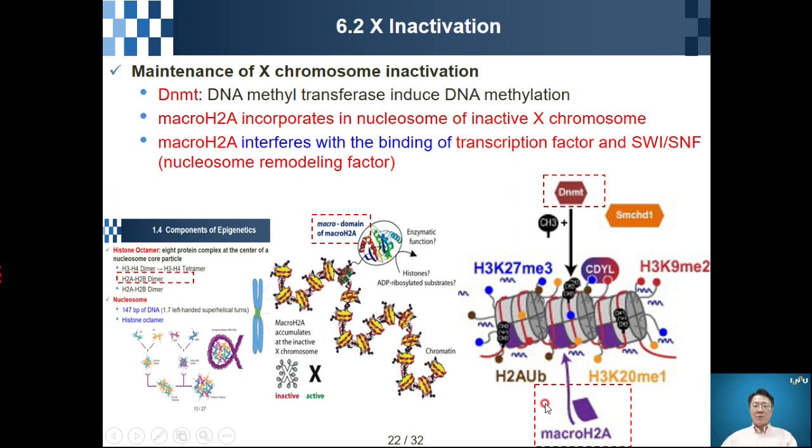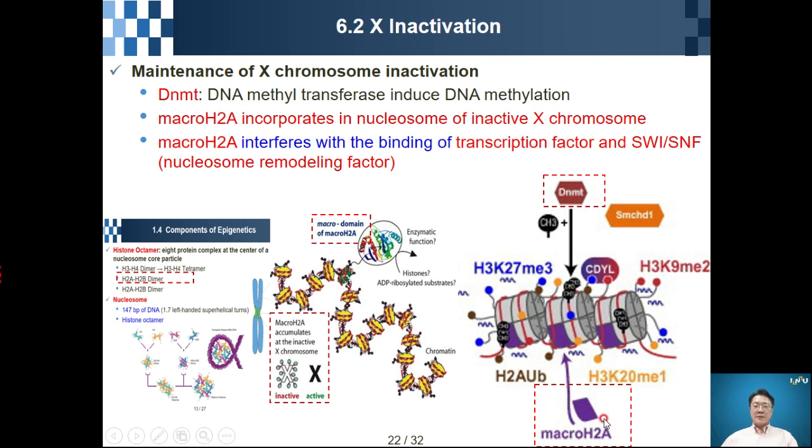Macro H2A is incorporated in the nucleosome of the inactive X chromosome. So in this case, you will see that macro H2A accumulates at the inactive X chromosome.